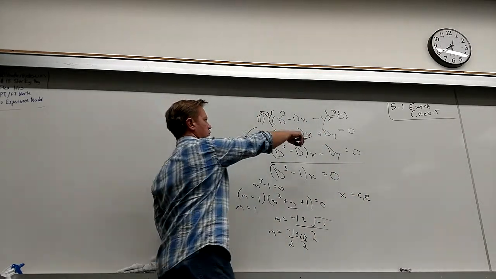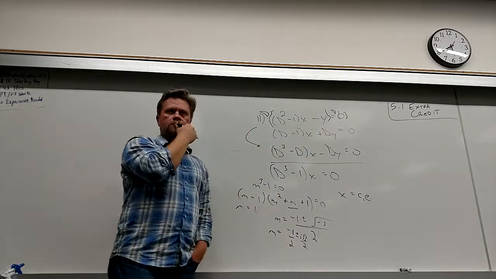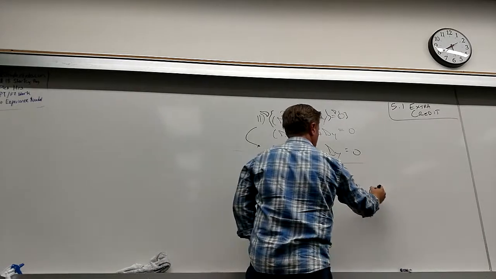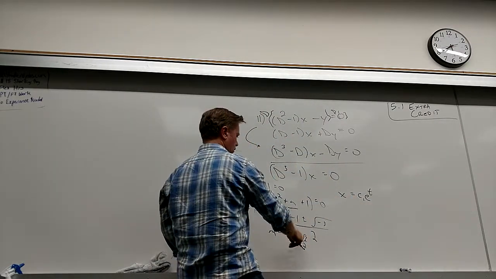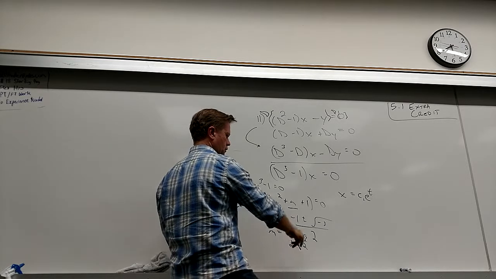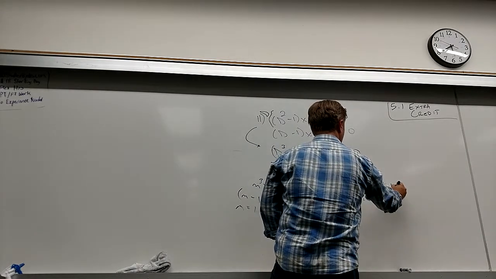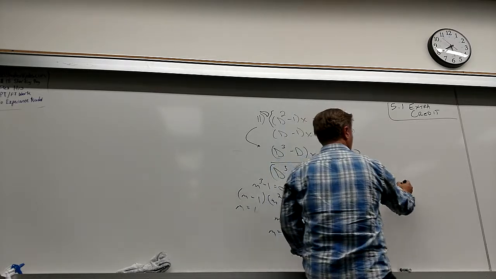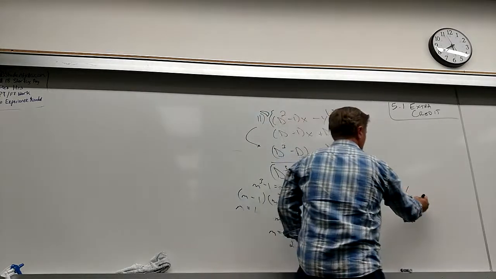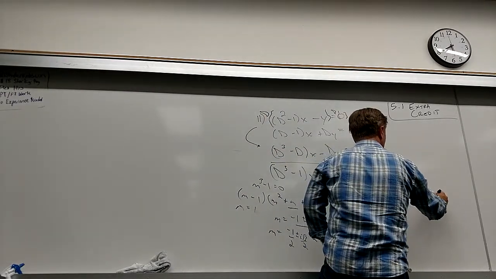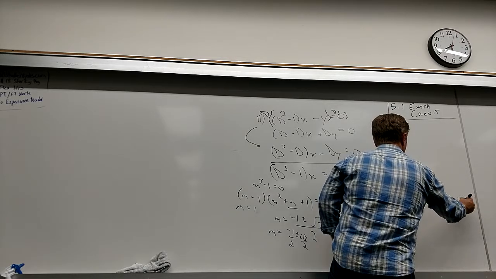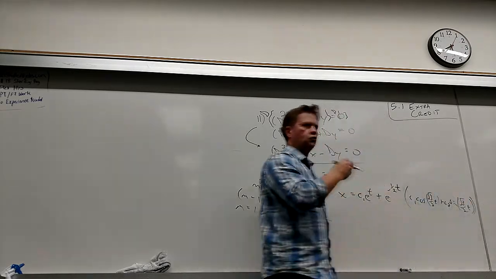For these, we assume that x and y are both functions of t, so big D means d by dt. e to the t, and then plus e to the negative 1/2 t times C1 cosine of radical 3 over 2 t plus C2 sine of radical 3 over 2 t. Cool.